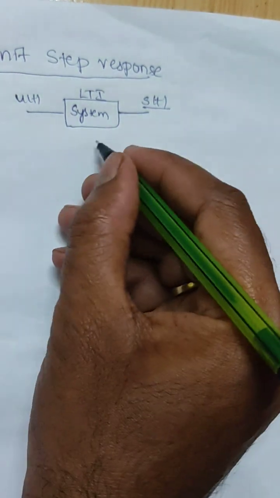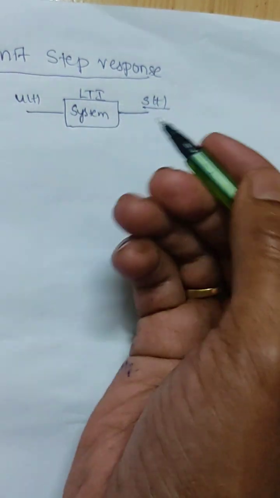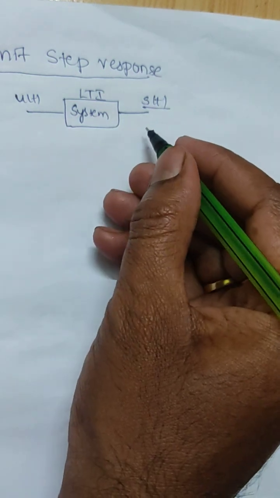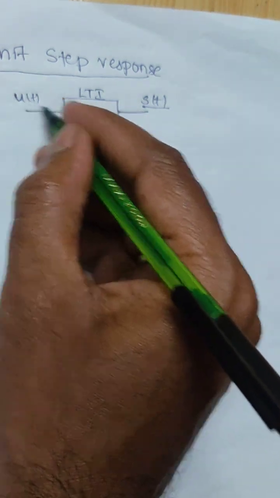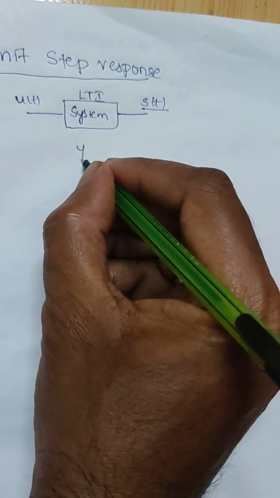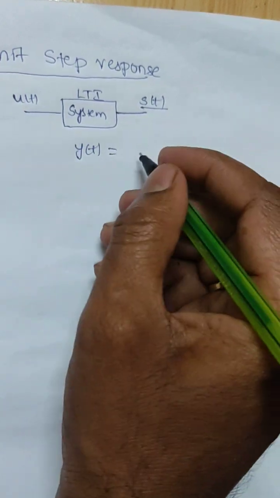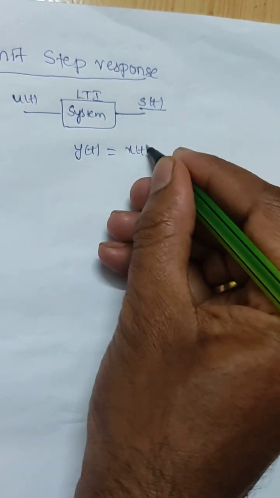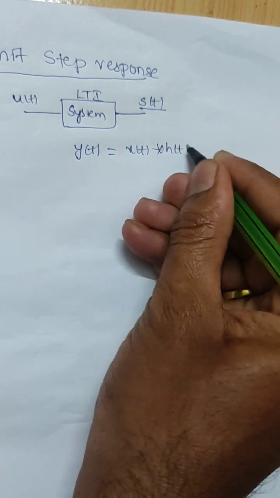You are already familiar with convolution. The output is the convolution of the input and the impulse response, y of t equals the input convolved with the impulse response.